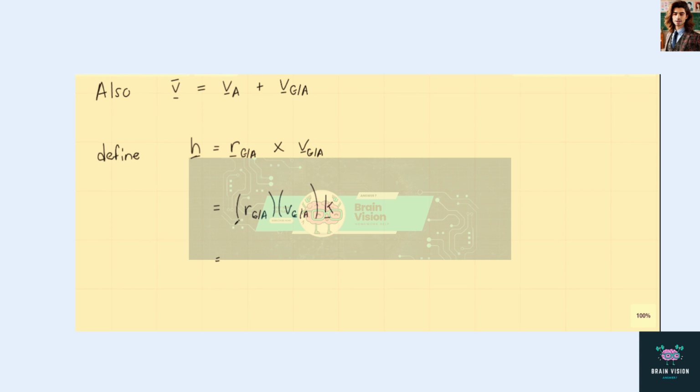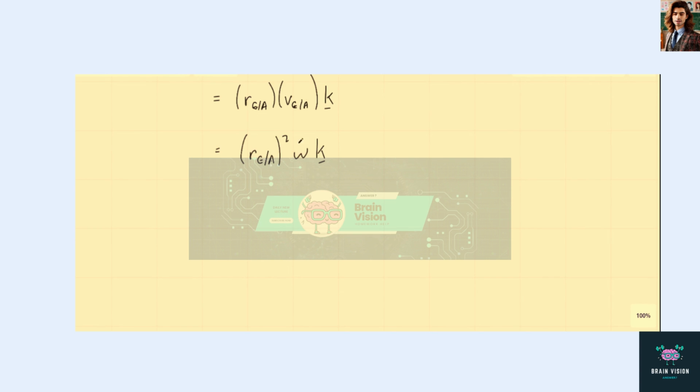And this is simply r_GA squared times omega in the k direction, since V is omega times r. And this is simply r of G with respect to A, all squared, times the vector angular velocity omega.